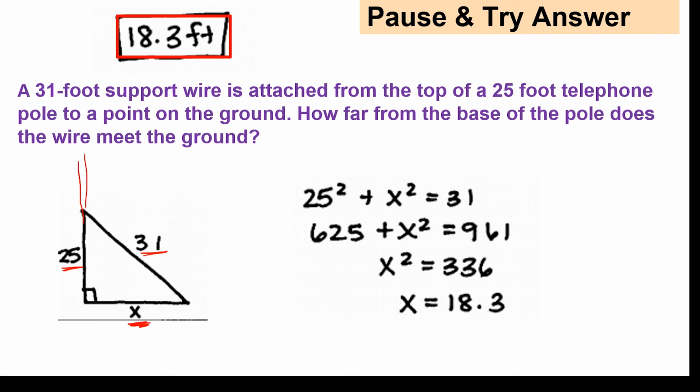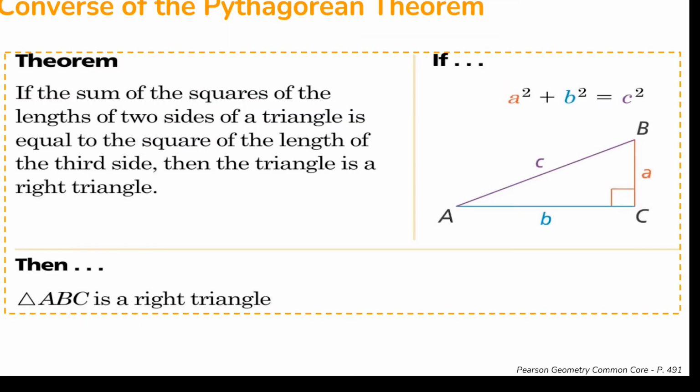Alright, so we're going to take a look at the converse of the Pythagorean theorem. That states that if the sum of the squares of the lengths of two sides of the triangle is equal to the square of the length of the third side, then that triangle is a right triangle.